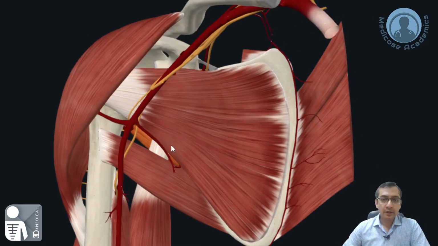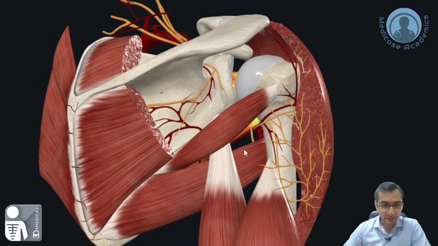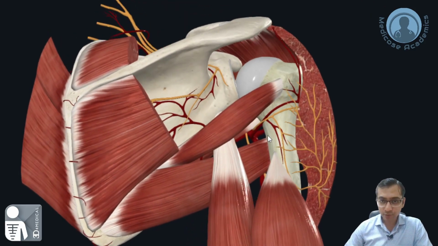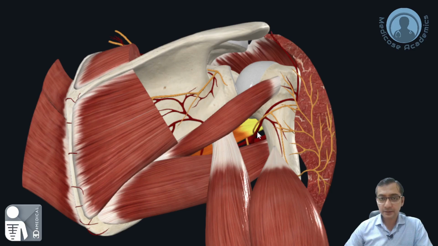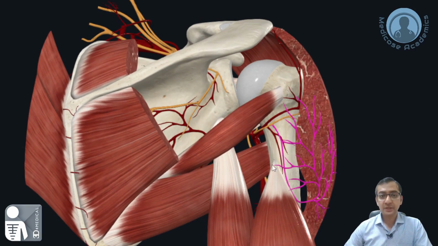Don't be confused, because in different books you will see teres minor or subscapularis alternatively mentioned as the superior border, teres major as the inferior border, this triceps as the medial border and the humerus as the lateral border. And passing through them are this artery, the posterior circumflex humeral artery, and this nerve, the axillary nerve, that is going to supply the deltoid and the skin over the deltoid, and the teres minor muscle too.